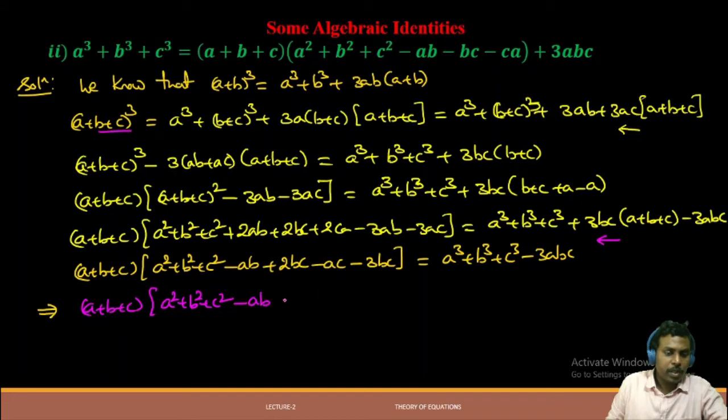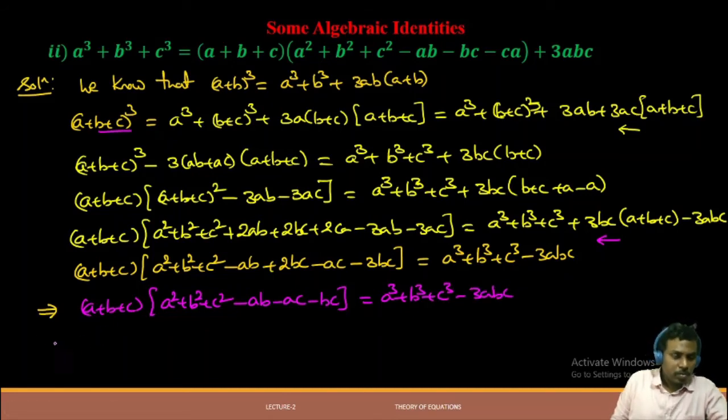So that becomes minus ab minus ac minus bc is equal to a cube plus b cube plus c cube minus 3abc.